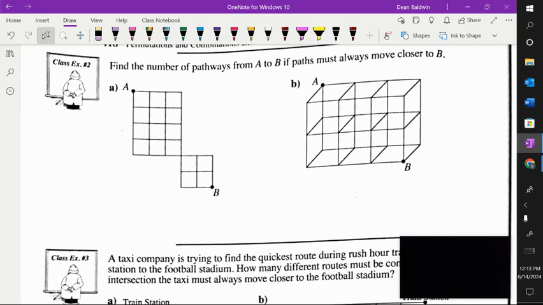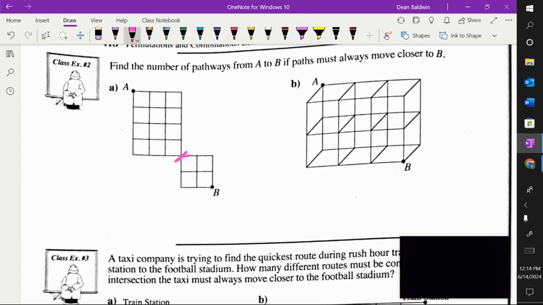So we're going to go from A to B of the first one. If they're at a corner like this, split them into 2 separate ones and multiply the answer.